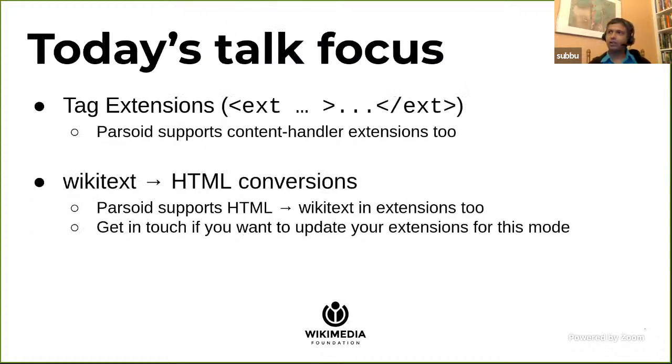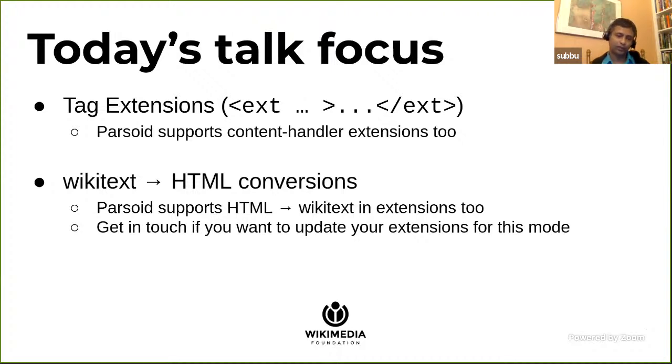So for today's talk, I'm going to focus only on tag extensions. Parsoid does support content handler extensions, and we'll add this information to the wiki. But for today, I'm only going to look at tag extensions, that is, those that implement a specific extension tag. And secondly, given that Parsoid can convert wikitext to HTML and HTML back to wikitext, we also support hooks that let you change how you convert HTML to wikitext.